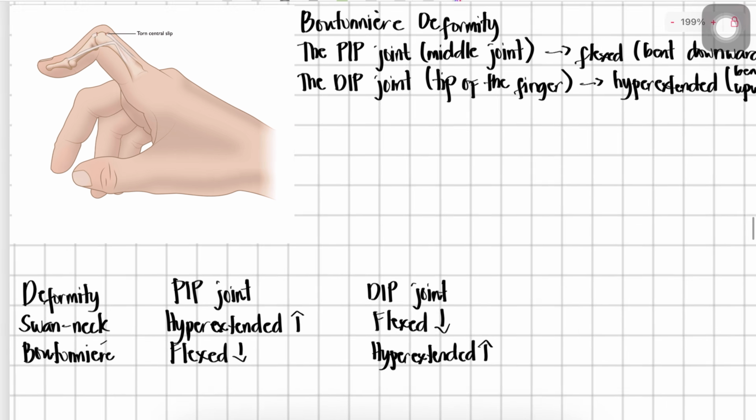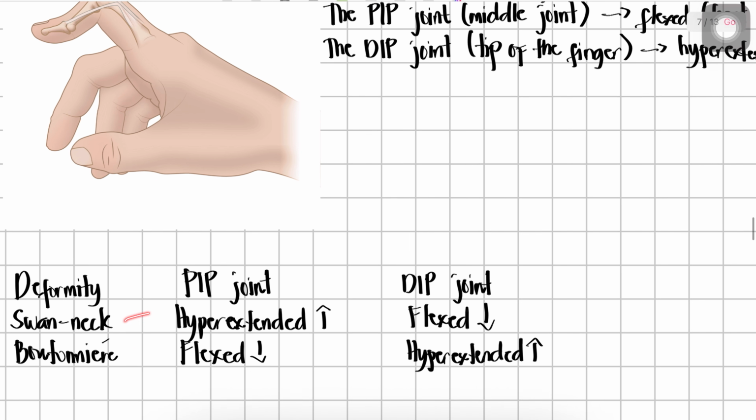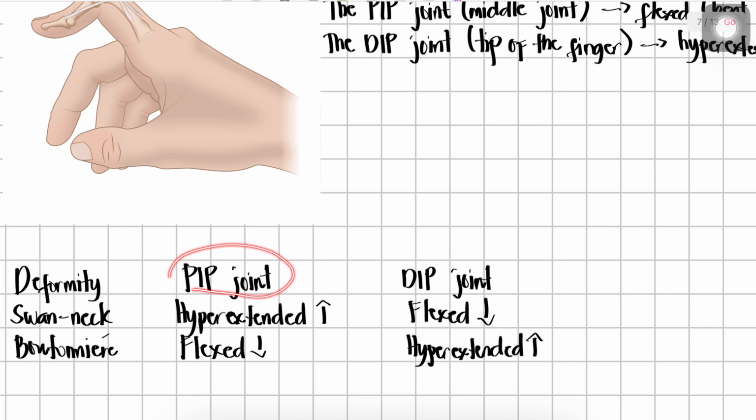To summarize, guys, the deformity, swan neck and boutonniere, in terms of PIP, for swan neck, hyperextended siya, the proximal interphalangeal joint ni patient kapag swan neck. When we say boutonniere naman, guys, the PIP joint naka-flex yan, okay? And sa DIP joint naman, kapag swan neck, flex yan, okay? And kapag boutonniere, si DIP hyperextended siya, okay?